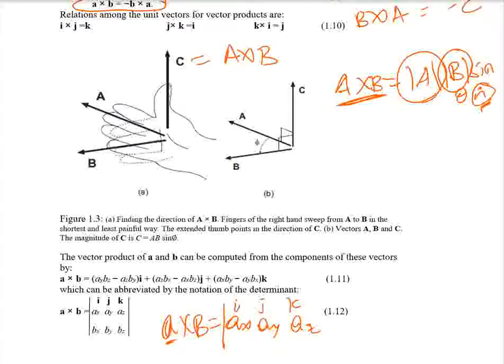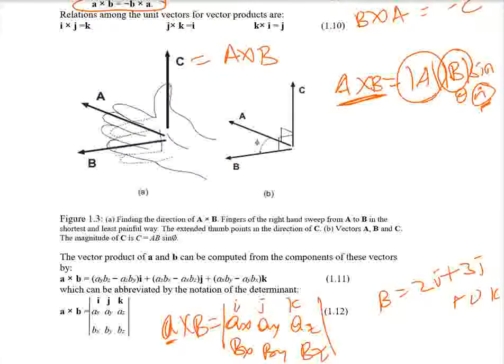And the second vector is B in the X, B in the Y, and B in the Z. If it is not given, you must write 0. For example, if vector B is equal to 2I plus 3J, there is no Z. This indicates plus 0 in the K. Therefore, you must add 0 in the K.